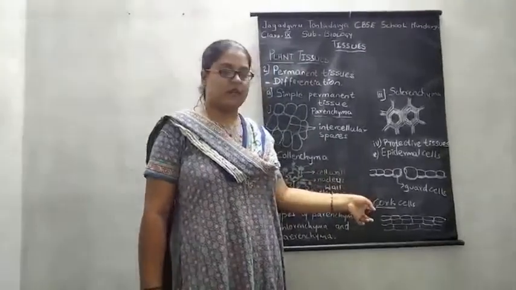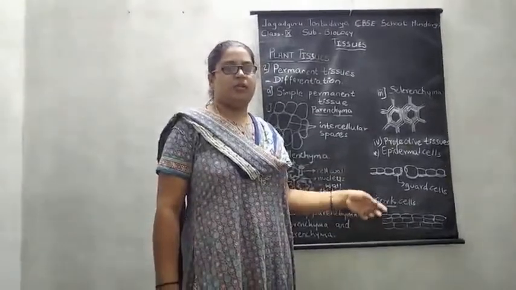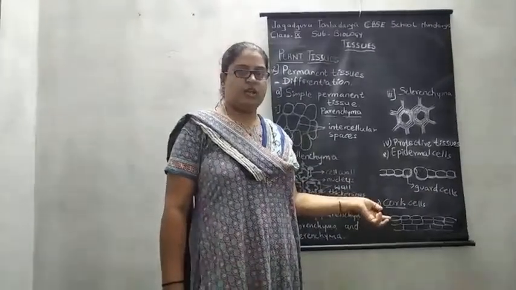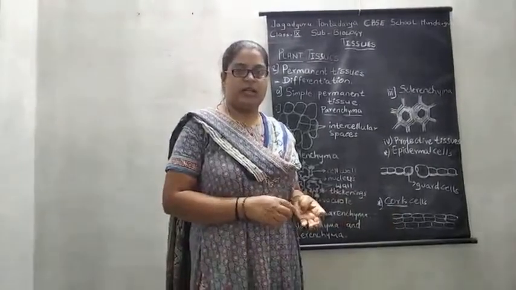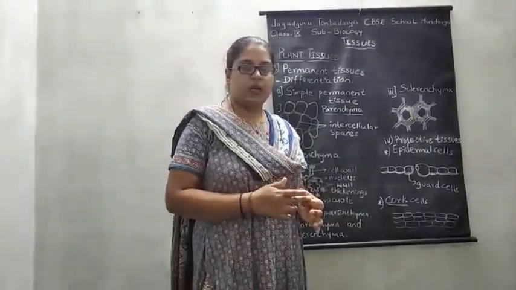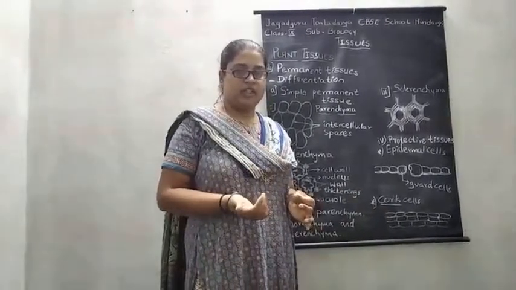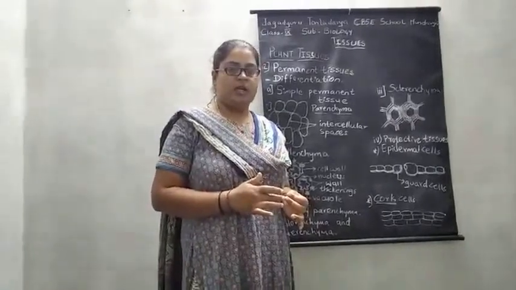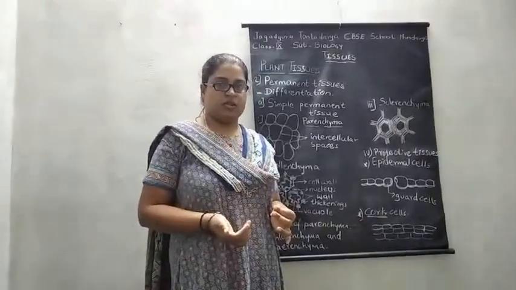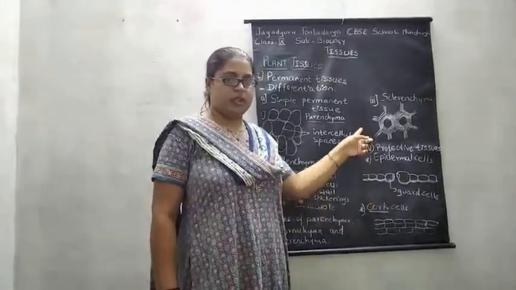The main function of cork cells is to provide protection against germs, loss of water, and any kind of dry conditions. In that condition, it will protect the plant without getting any kind of damage. So the main function of these two is protection only.